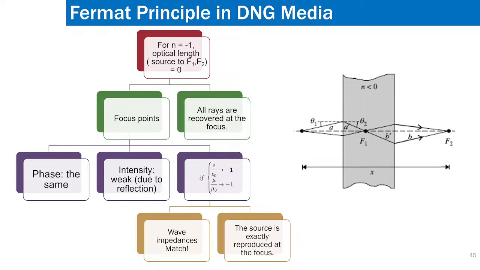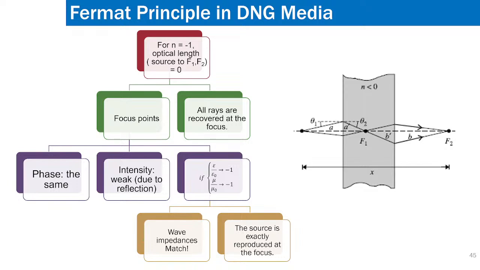Then again, it continues to travel from F1, and outside the slab, it is focused at F2. It is a simple rectangular slab. Now suppose n is equal to minus 1. Why do we choose refractive index equal to minus 1? Because outside the slab, we have free space where refractive index is 1. So therefore, its opposite, we take n equal to minus 1 inside the slab.